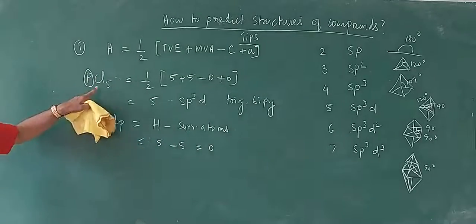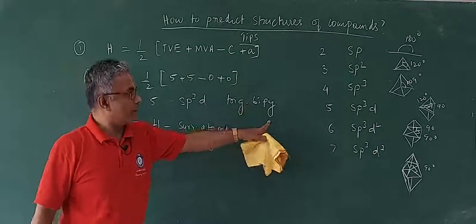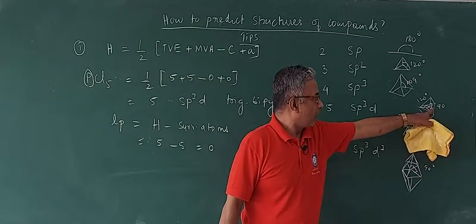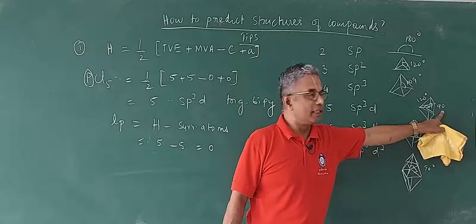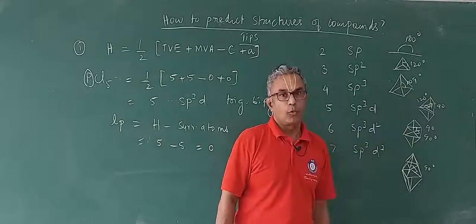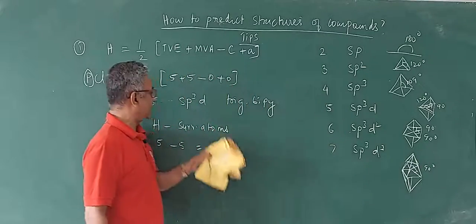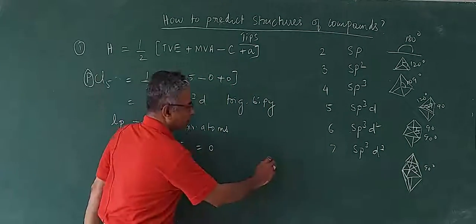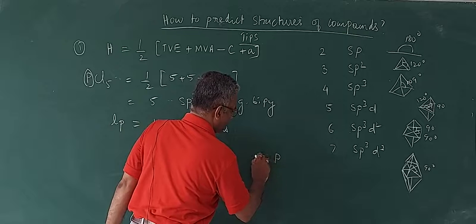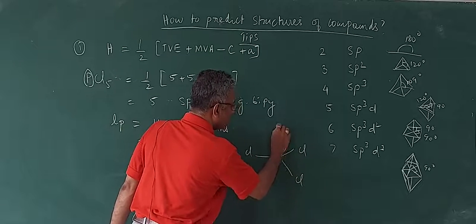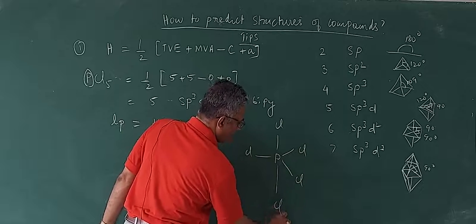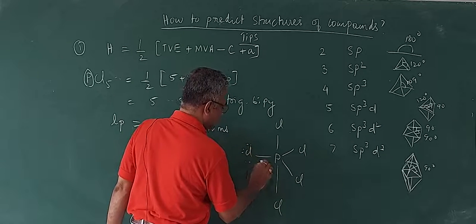Therefore the structure of PCl5 is trigonal bipyramidal with the axial bond angle will be 90 degree, equatorial bond angle will be 120 degree. Incidentally, in this case, if you look at the structure closely, like this, chlorine, chlorine, chlorine and chlorine and chlorine. So each chlorine atom will have 3 lone pairs.